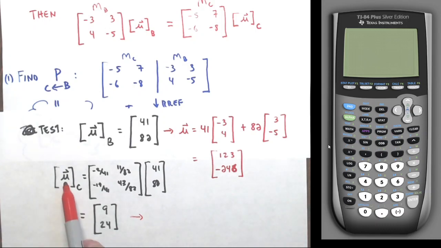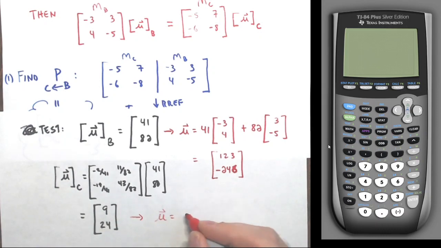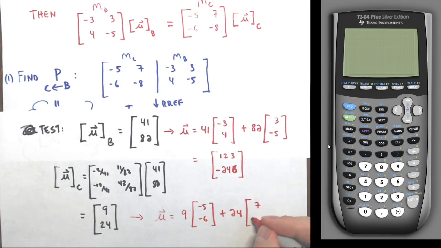So if the coordinates of u with respect to C are 9 and 24, that means vector u should be equal to 9 times the first vector from C, that was -5, -6, plus 24 times the second vector from C, that's 7, -8. Let's see. Negative 45 plus 168 is 123.